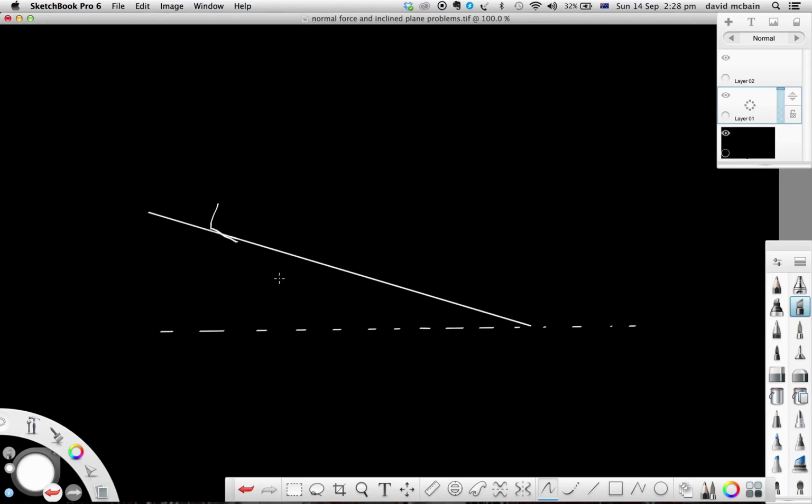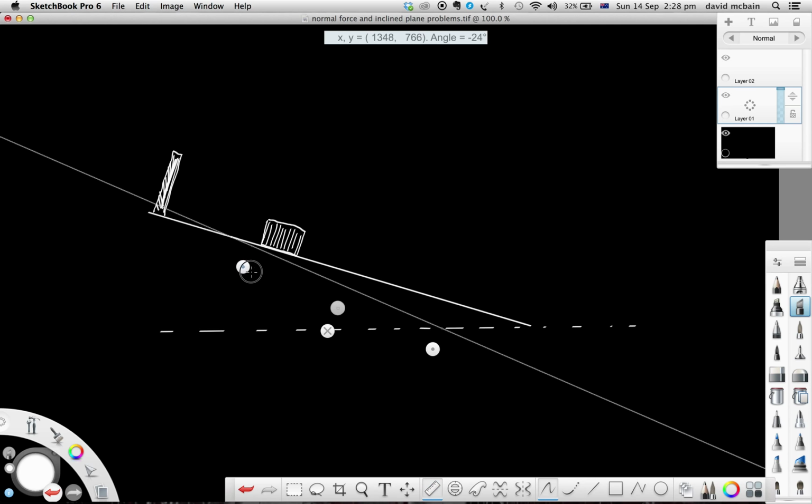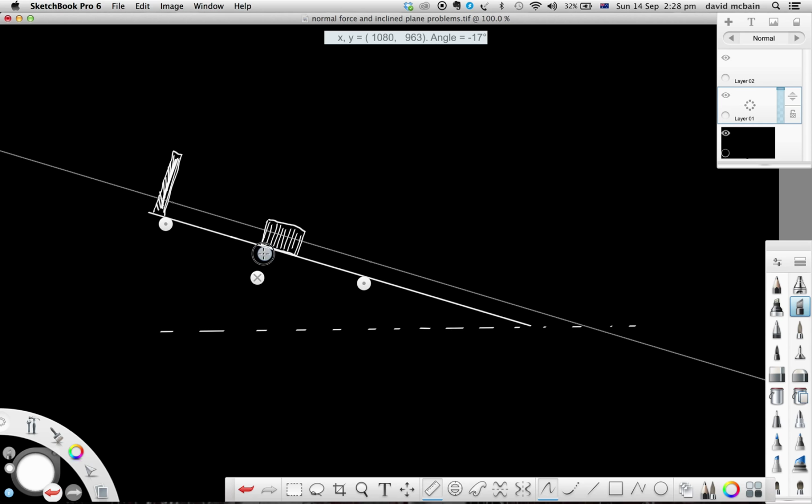Oops, no, make it about here, I think. And there's a post or a wall or something here. And there is a rope connecting those two.